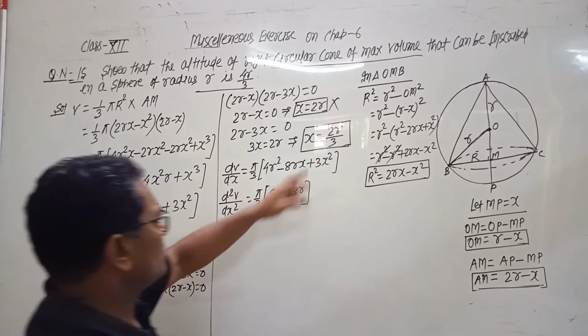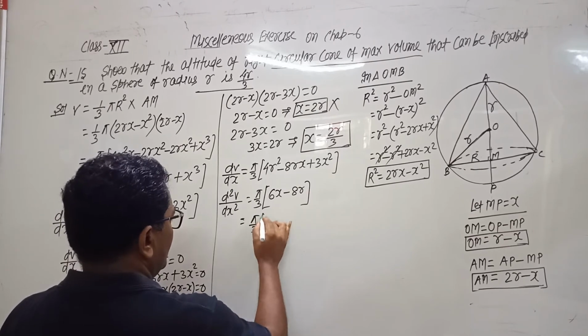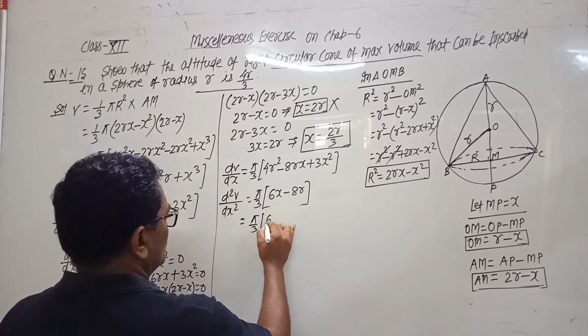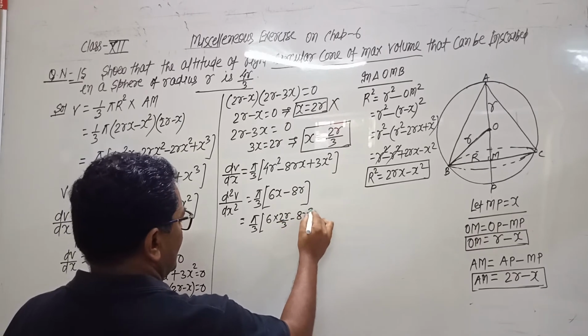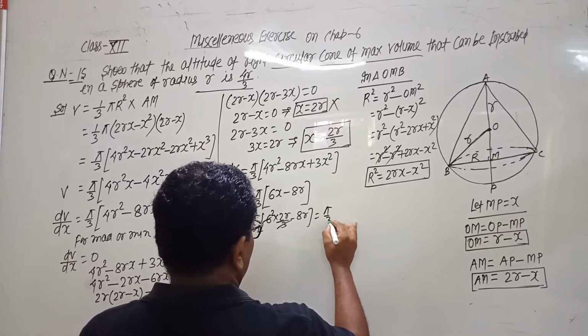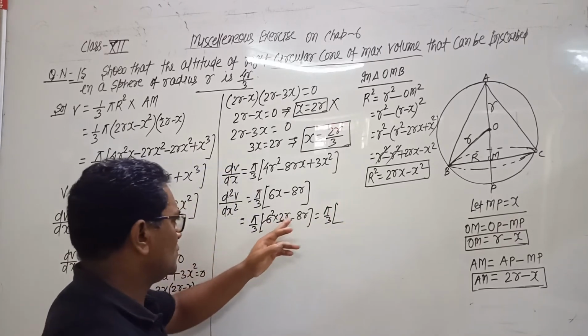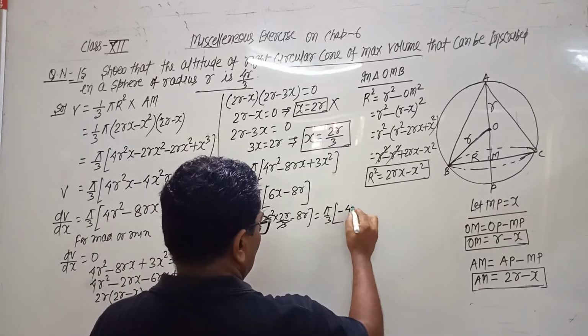Now put the value of x equals 2r by 3. So pi by 3, 6 into 2r by 3 minus 8r. And we get pi by 3 into 4r minus 8r, which is minus 4r.